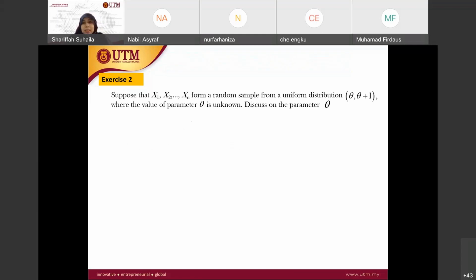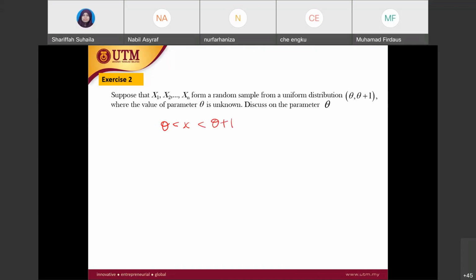Now if we have your range from theta up to theta plus 1, we have, for example, theta less than x less than theta plus 1.